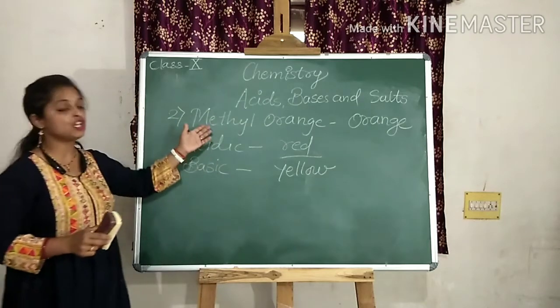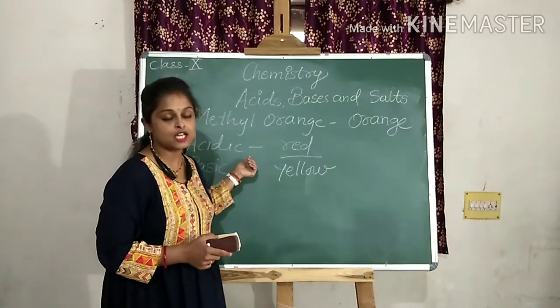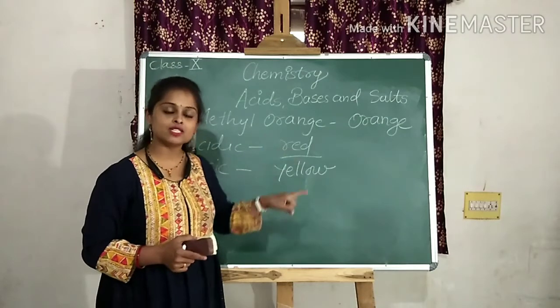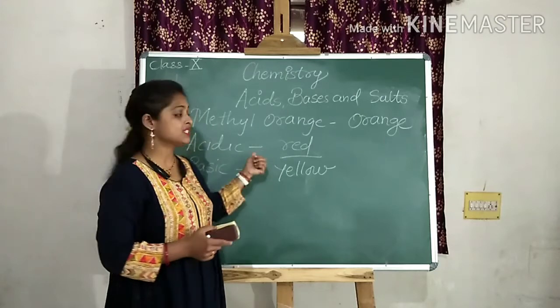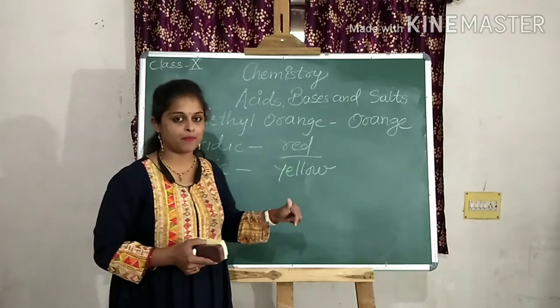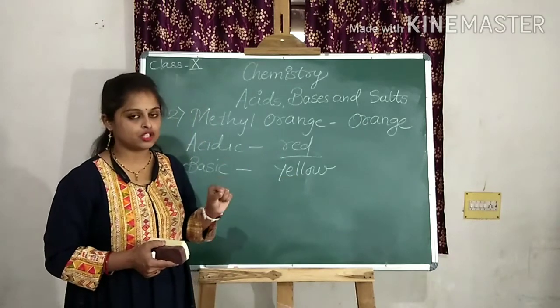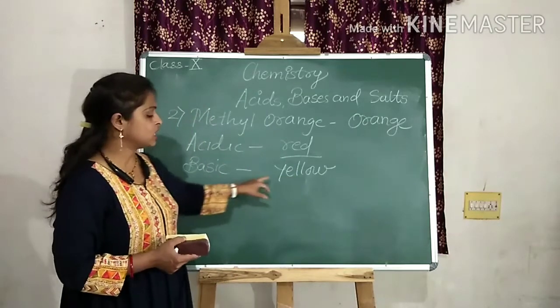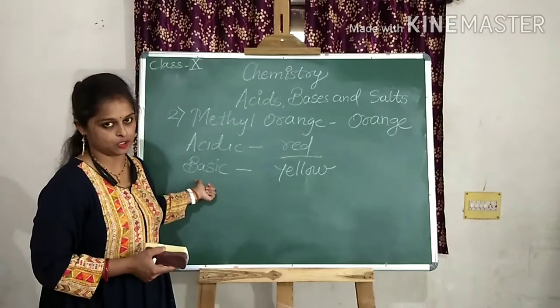When you use methyl orange to test a substance, if it shows red color, that compound is acidic. And when you add methyl orange to a compound and the color changes to yellow, it is basic in nature.